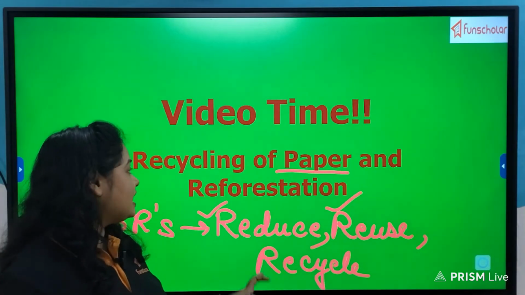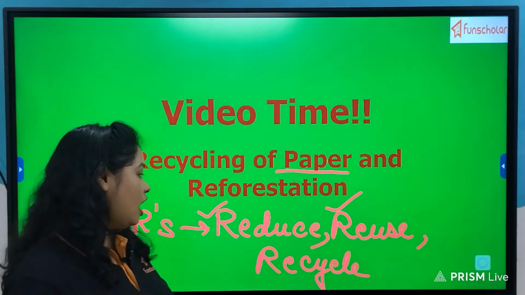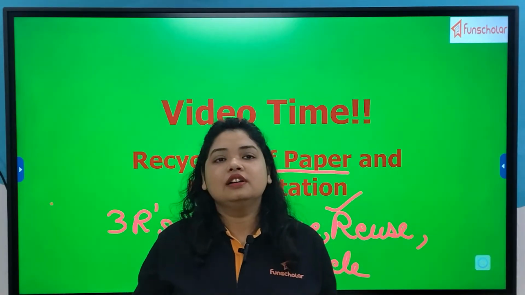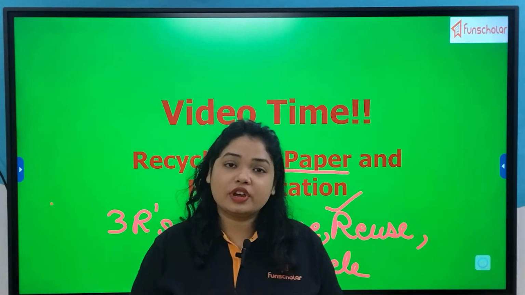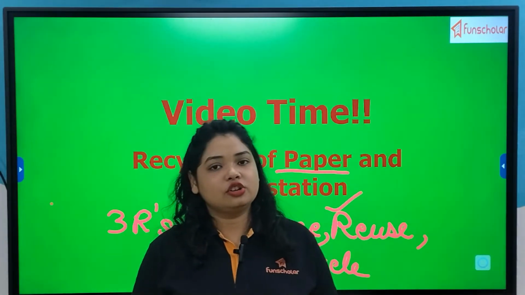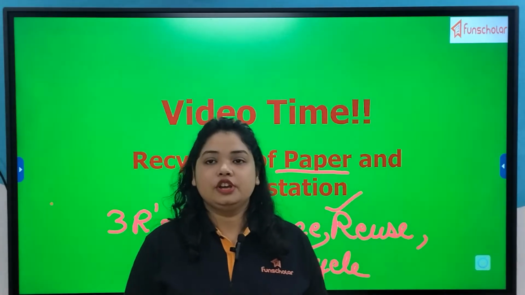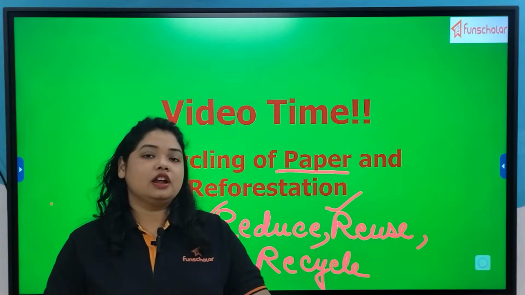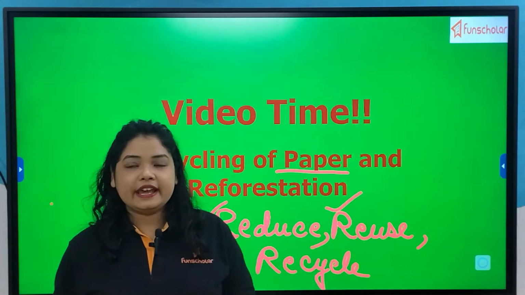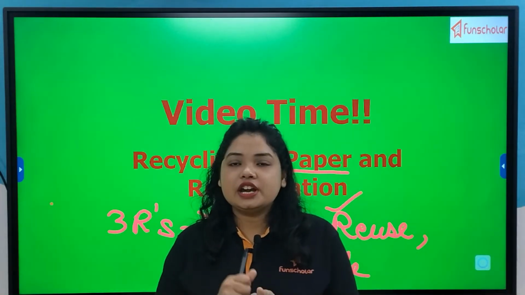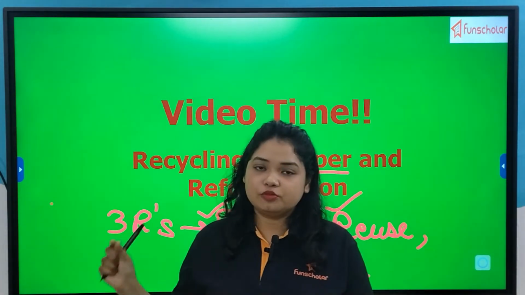Then recycling, which is the topic here, how we can recycle. If I am talking about newspaper today, let me stick to the topic of newspaper. For recycling, we need to collect a lot of newspaper. Then we need to shred them and tear them into small pieces.